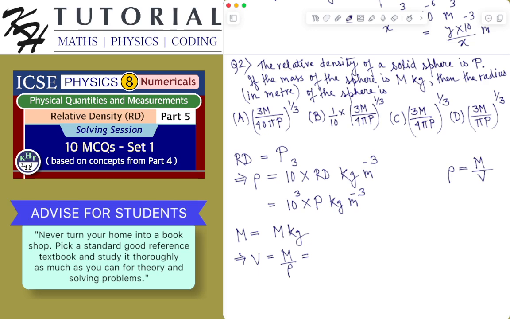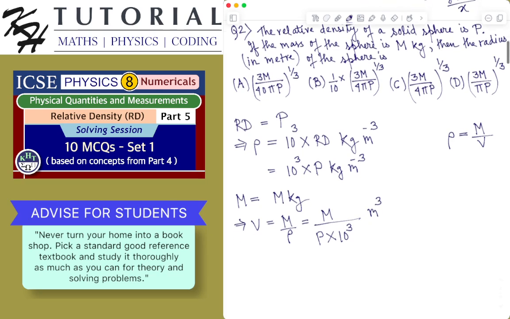By that I mean the mass, and the actual value of the mass is also capital M kilogram. I hope you will understand. So this is equal to M by what is rho? Rho is P times 10 to the power 3. This much it will be meter cube. So this is the volume of the solid sphere.